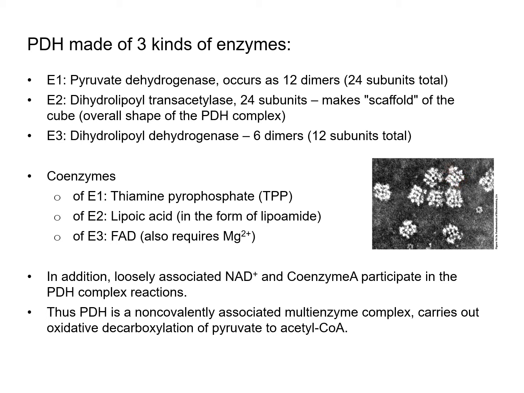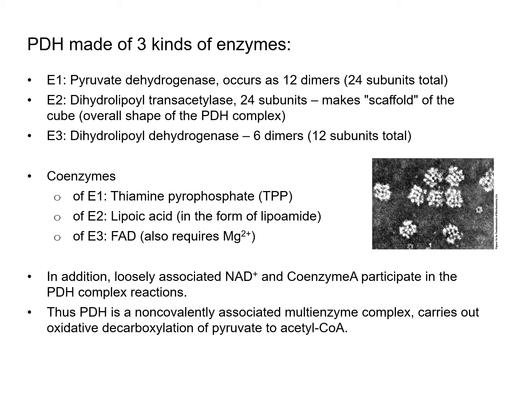And there are also coenzymes for the different parts of the PDH complex. The coenzyme of E1 is thiamine pyrophosphate, or TPP, and the coenzyme for E2 is lipoic acid in the form of lipoamide, and the coenzyme for E3 is FAD, which also requires magnesium ion.